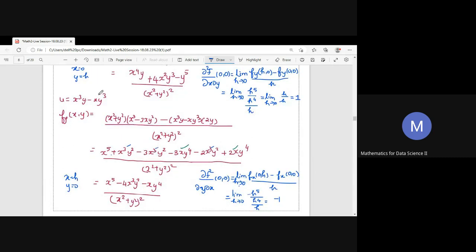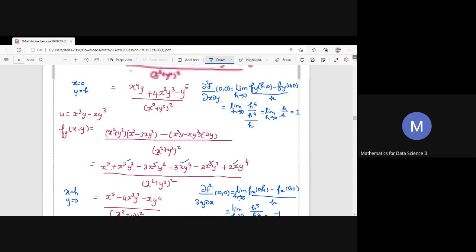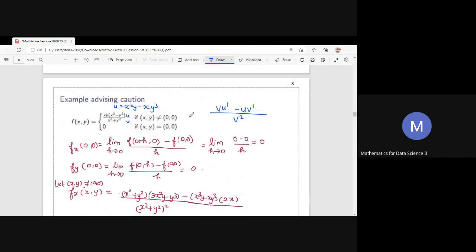Here, these functions fx and fy are not continuous at the point (0, 0). That is why we are having this kind of problem. So whenever you have piecewise functions, particularly, and even for functions which are not piecewise, we have to be careful. This is a hint that you should be careful at these points.